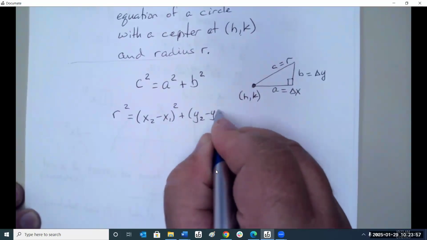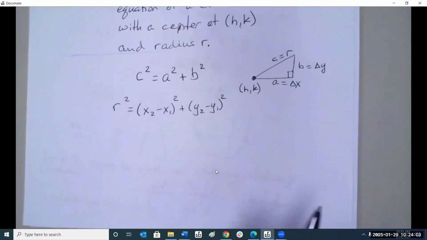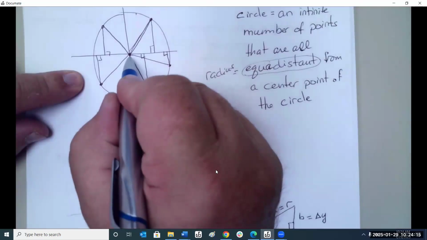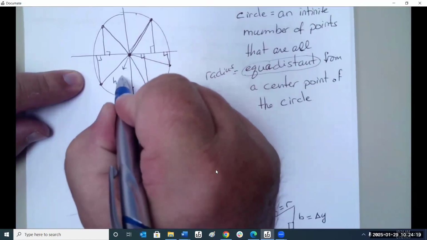Plus (y2 minus y1) squared. But look at our picture. All of these triangles have this as the same point.